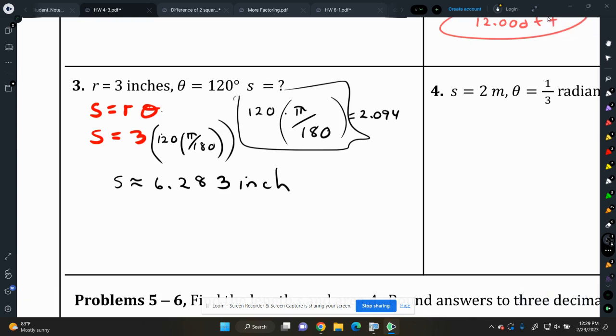What if you leave it in, like, I left it in 6 pi over 9? In this case, because they specifically asked for rounded to 3 decimal points, I'm going to say we need to go the extra step. And I'm glad that came up, actually.